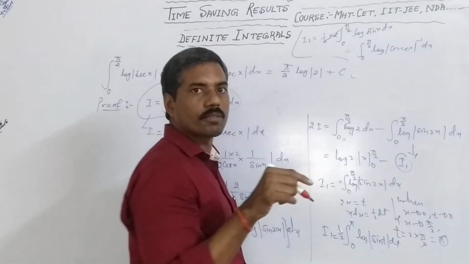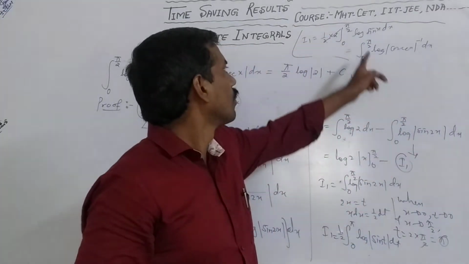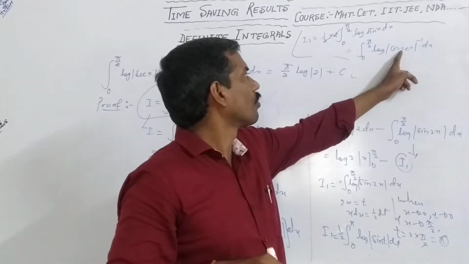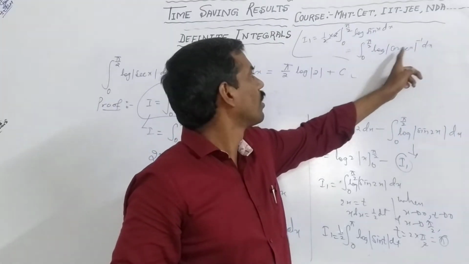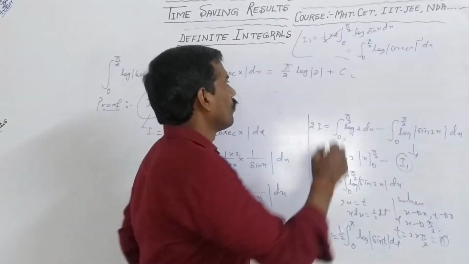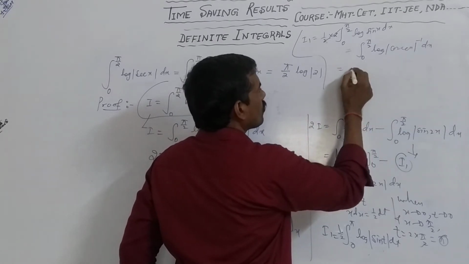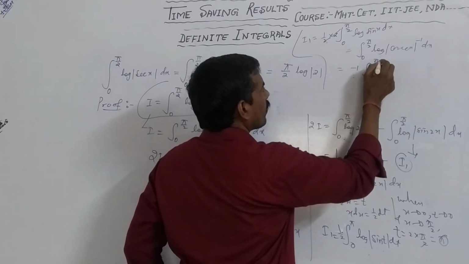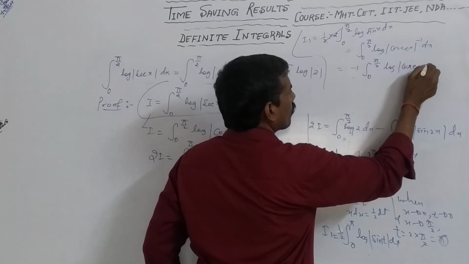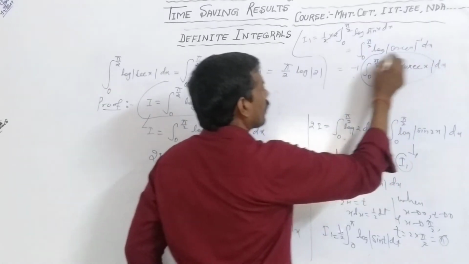Sin x means 1 upon cosec x, which is cosec x to the power minus 1, and log of m to the power n is n into log of m. We can write it with n equal to minus 1: minus integral from 0 to pi by 2 of log of cosec of x dx. Now this one is I.